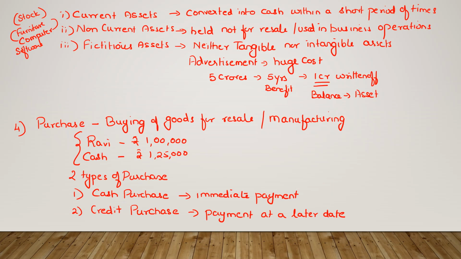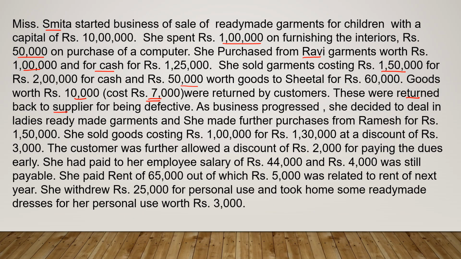So from today's session, we learned 10 accounting terms. One about proprietor, that is Smitha. Then we learned about the term capital, means the amount which she invested in the business.